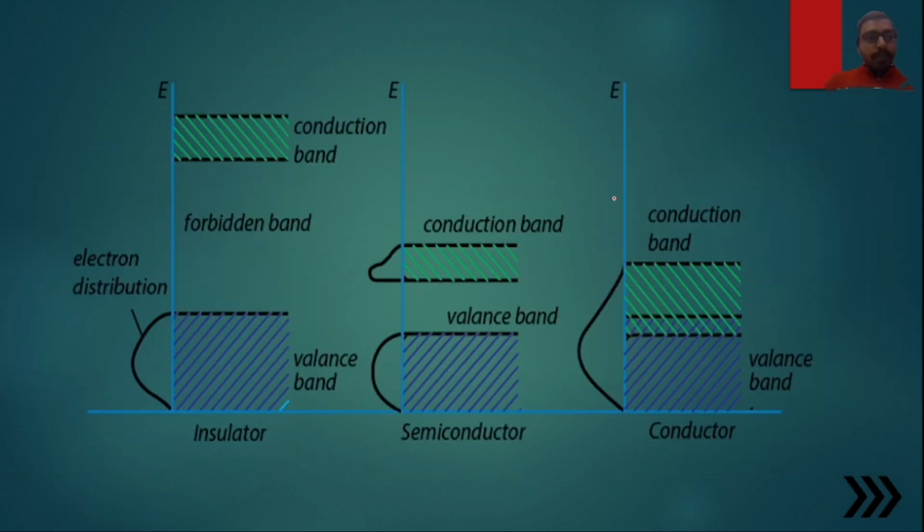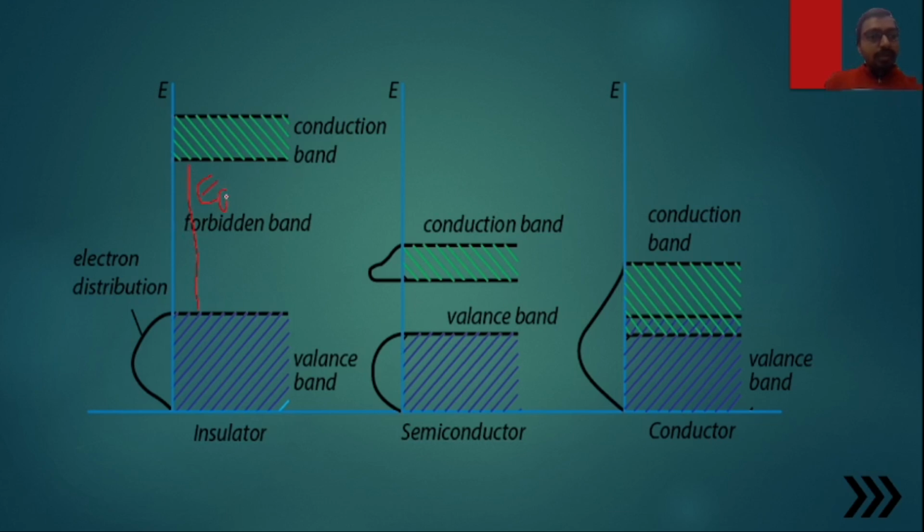Now you should have a question: how are semiconductors different from insulators and conductors? Here is the diagram of the insulator, where the gap between the valence band and the conduction band is known as the energy gap.